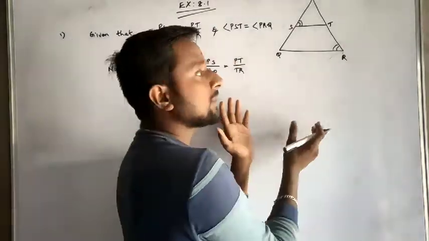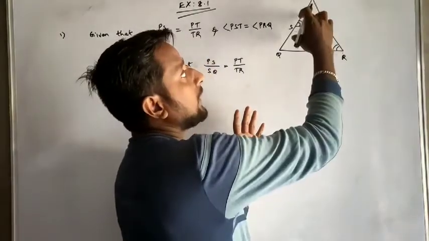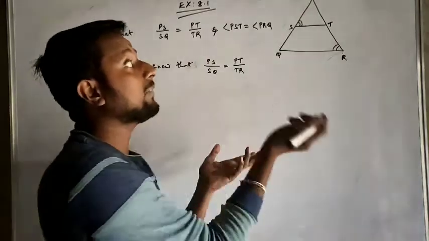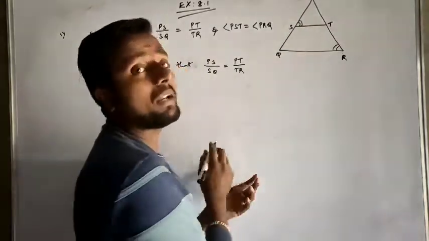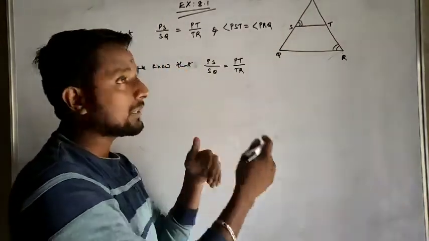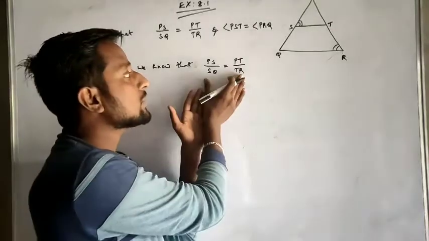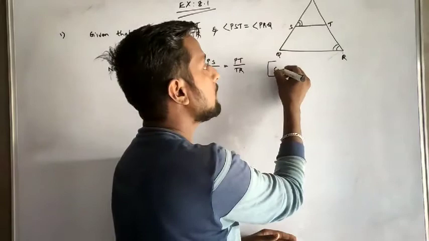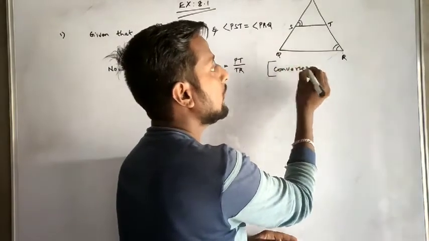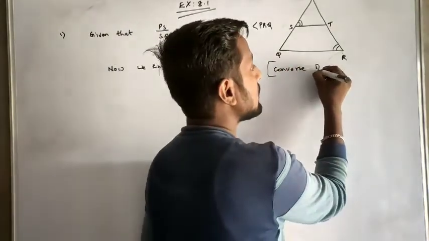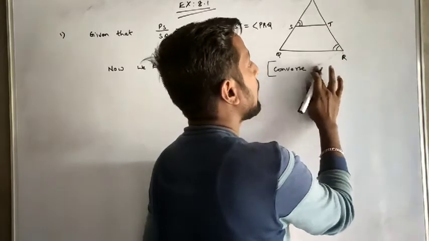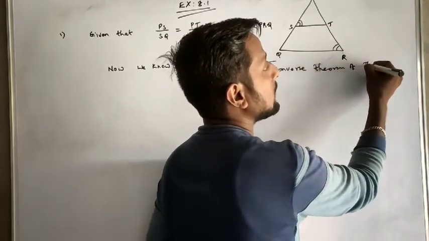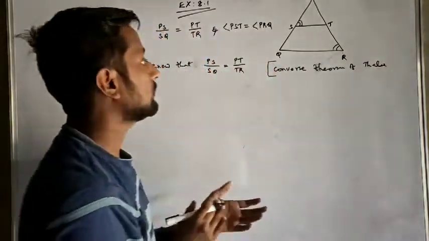In the Thales theorem, the ratios of the sides will be in the same proportion when the two lines are parallel. But the converse theorem says if the ratios are in the same ratio, then the lines are parallel. If you have a doubt, go with the converse theorem of Thales.